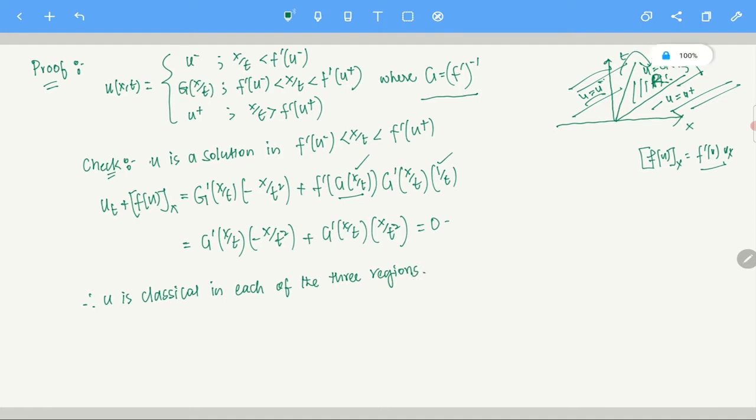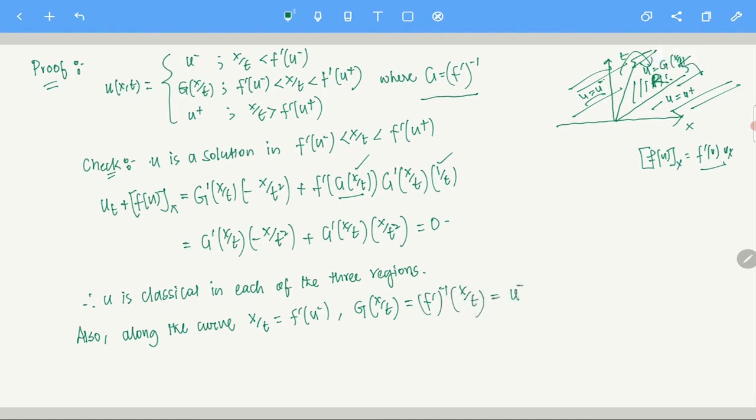Now also, along the curve x by t equals f prime of u minus, g of x by t, clear? This is f prime inverse of x by t, that is given by u minus.